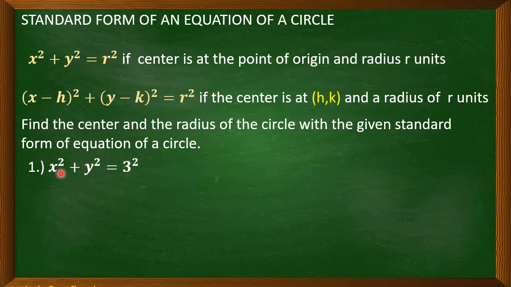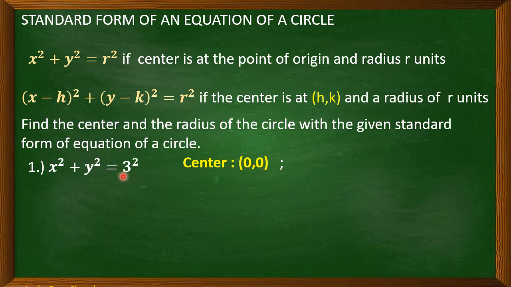Since x squared and y squared are on the left side of the equation, this means that the center is at the origin. So therefore, our center is at (0, 0) or at the origin.